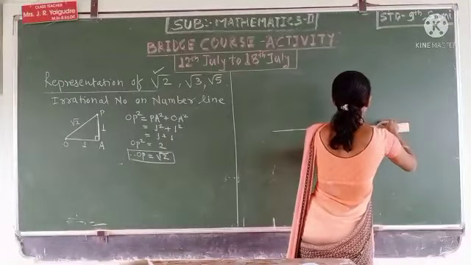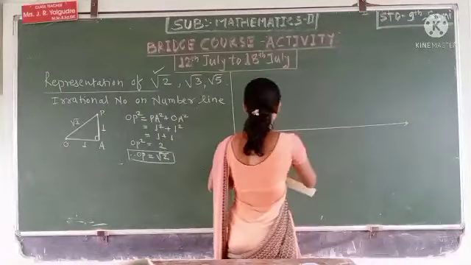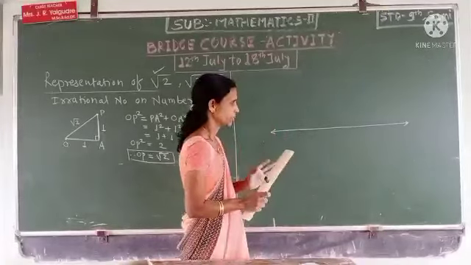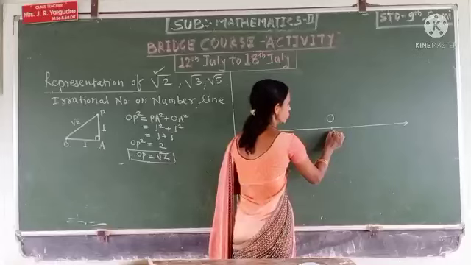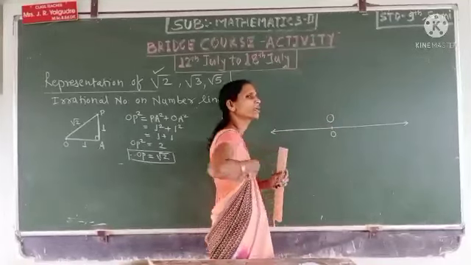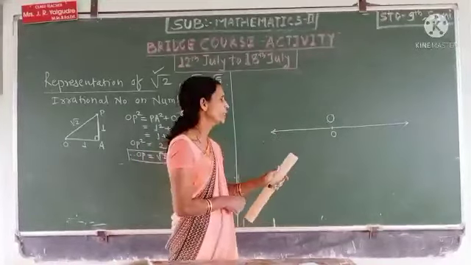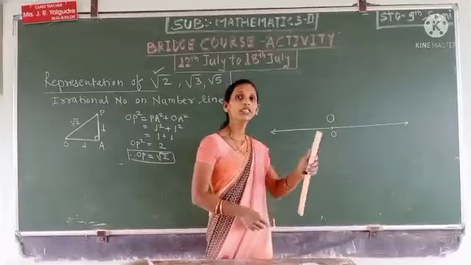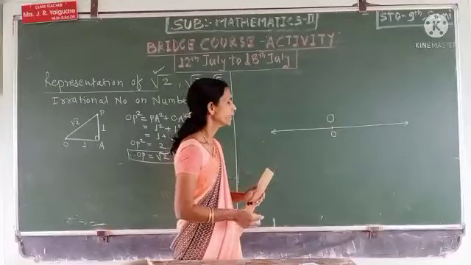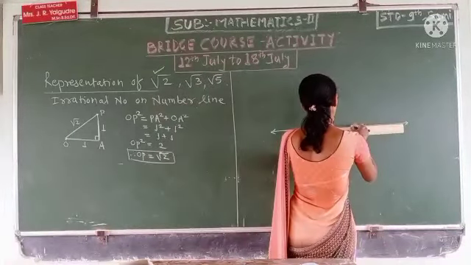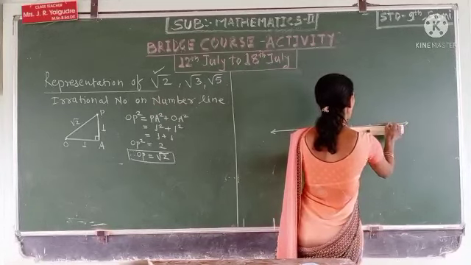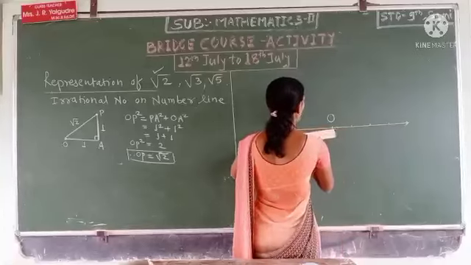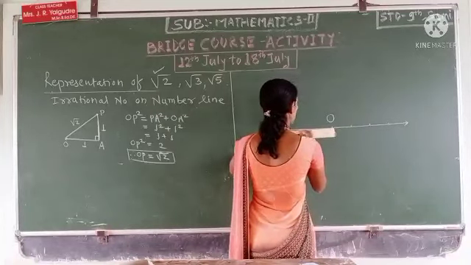First, draw the number line on the page. Then see here, O is a point to which number 0 is related. That is the coordinate of O. O is the origin. Then take the numbers on that number line on both sides.